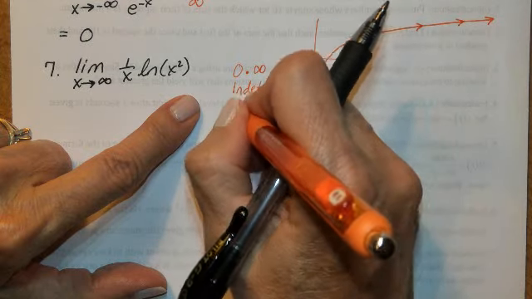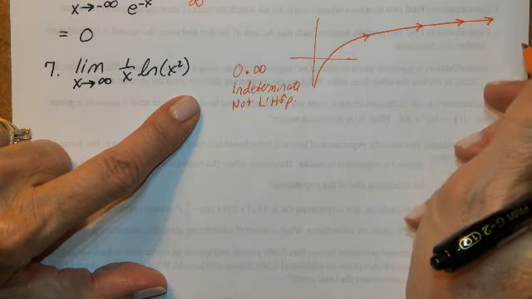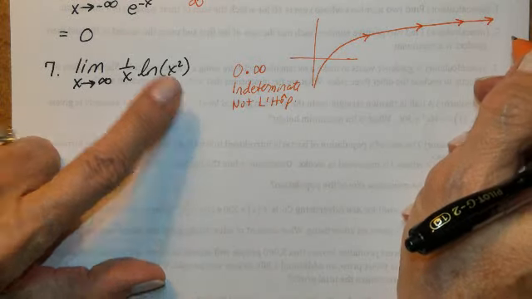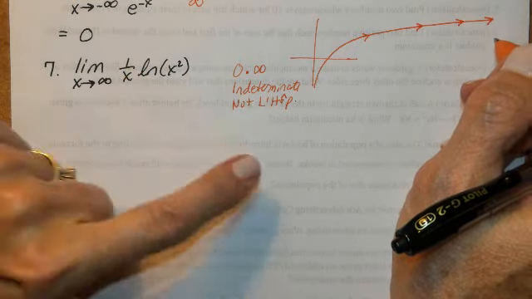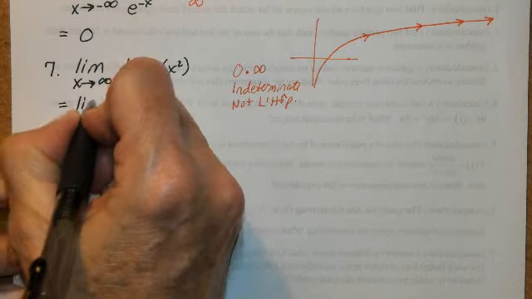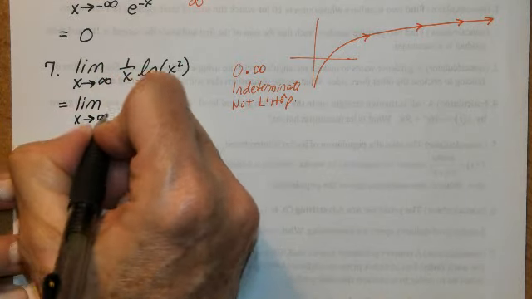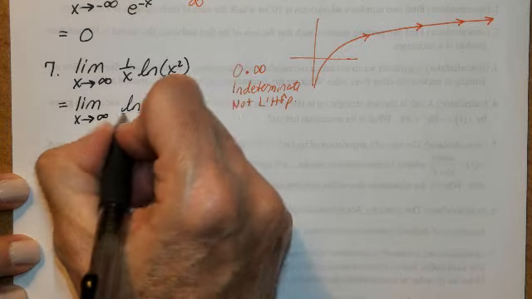But it's not L'Hopital's. So we have to make this into a fractional form so that we can apply L'Hopital's rule. Well, this one's not too hard to make into a fraction.